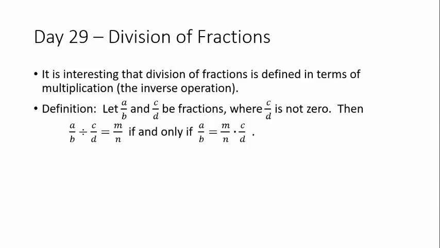Remember that we cannot divide by 0, so it's important that c over d is not a fraction equivalent to 0. Then a over b divided by c over d is equal to m over n if and only if a over b is equal to m over n times c over d. Again, the division is defined in terms of multiplication.